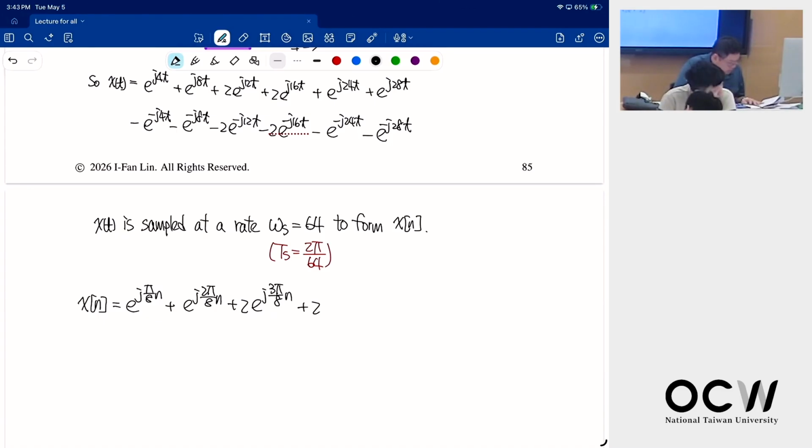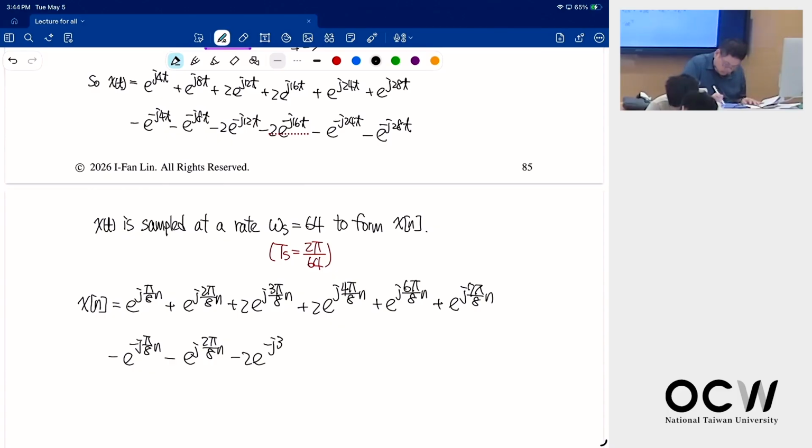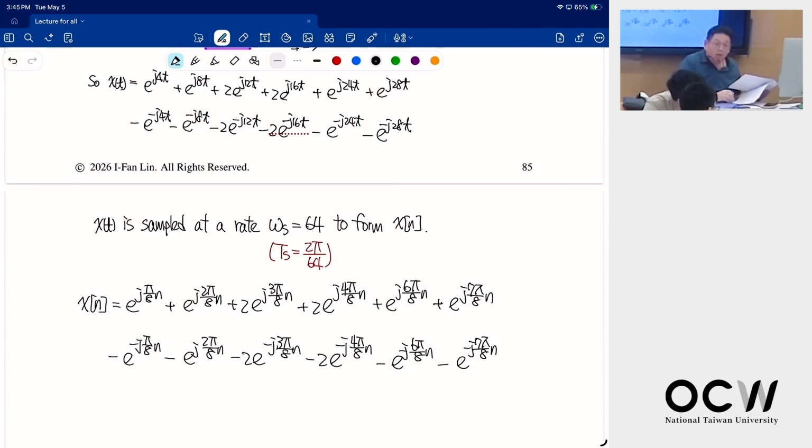and the fourth term e to the j 4 pi over 8 n, and 6 pi over 8 n, e to the j 7 pi over 8 n. Right, this is my discrete signal.